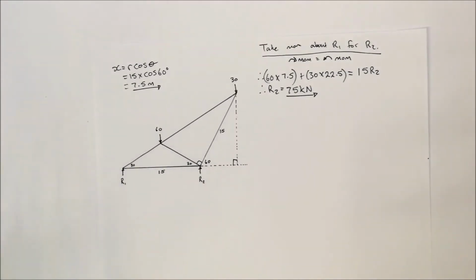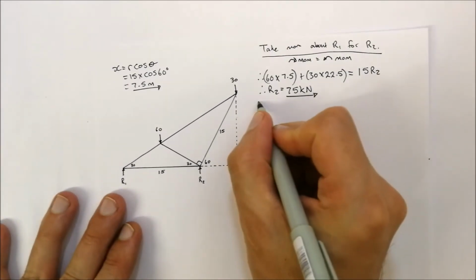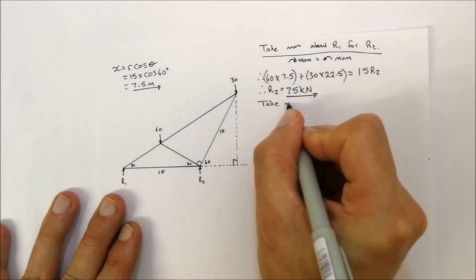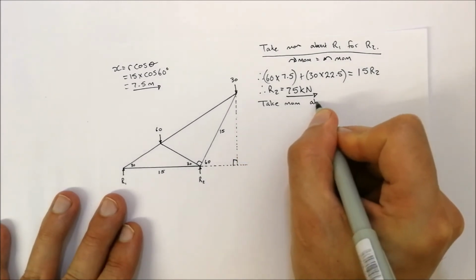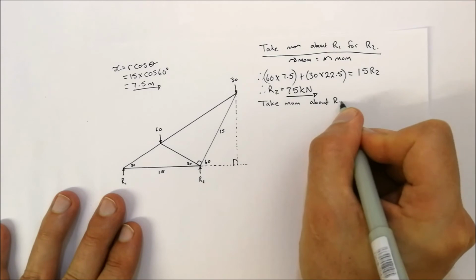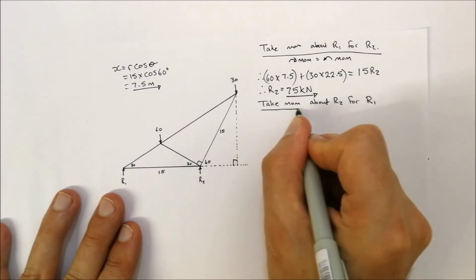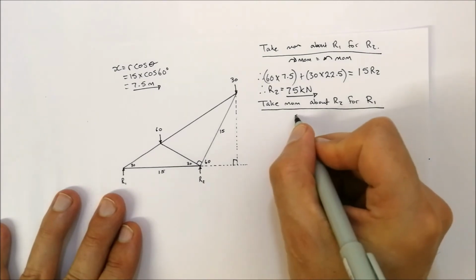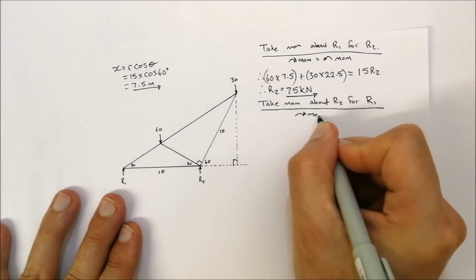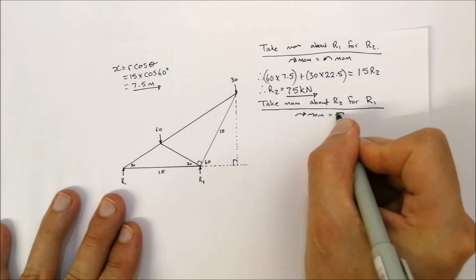Right, so now we're going to take moments about R2 for R1. So remember, clockwise moments is equal to anti-clockwise moments.